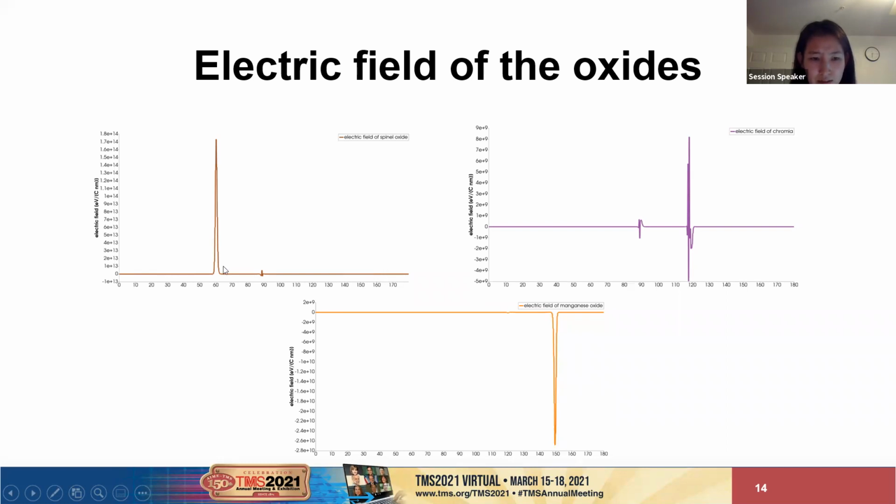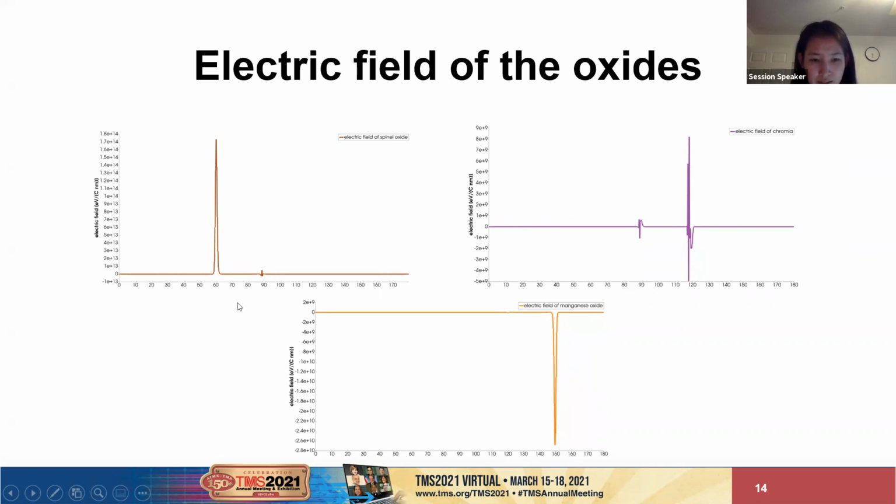The first feature is that the electric field only has very large values at the boundaries of the oxides for all three oxides, because the charged particles like to accumulate at the boundaries or the surface of the material.